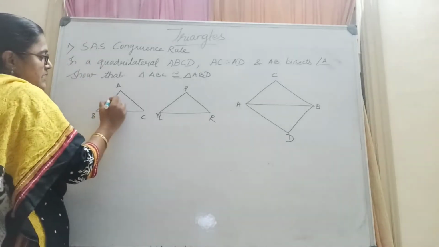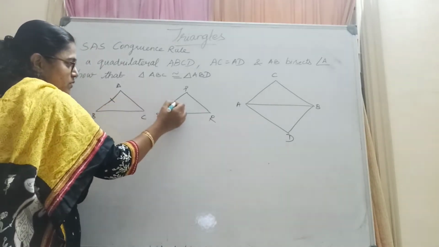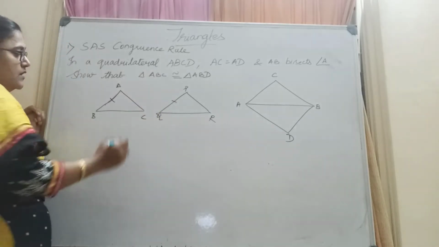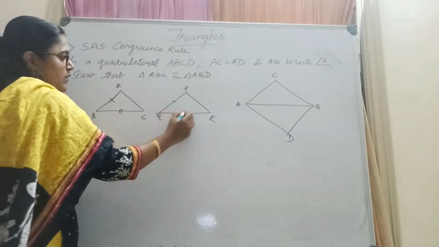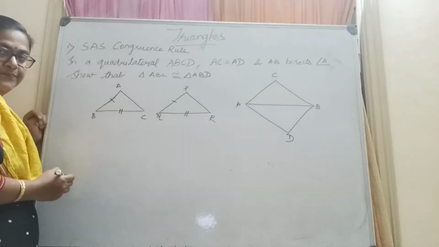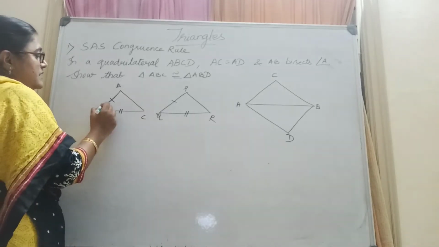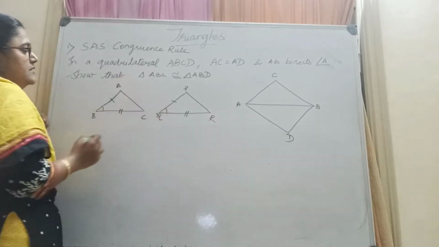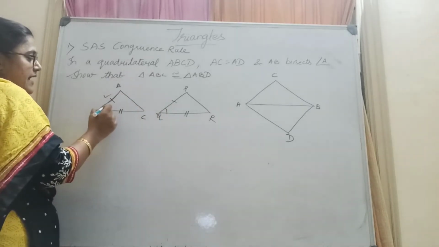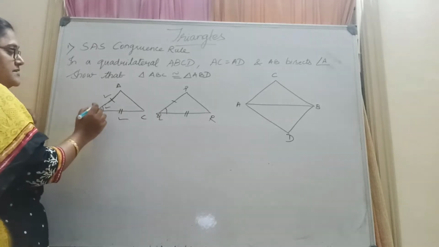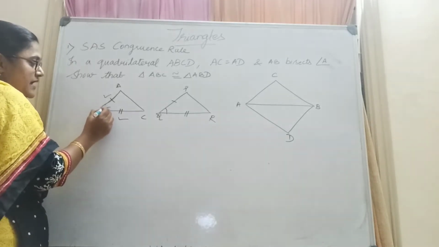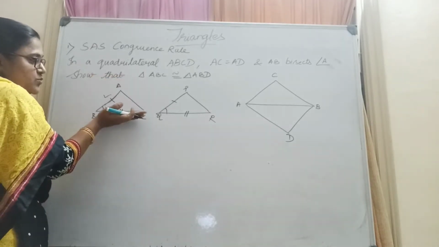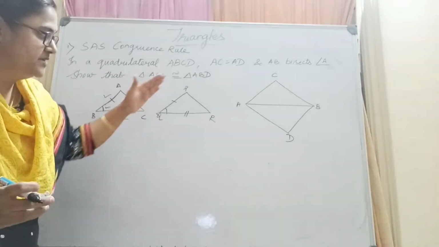For example, my side AB is equal to side PQ, side BC equal to side QR. The angle in between them must be equal to each other. Side, angle, side. That is, included angle means the angle is in between the sides which we are taking into consideration.